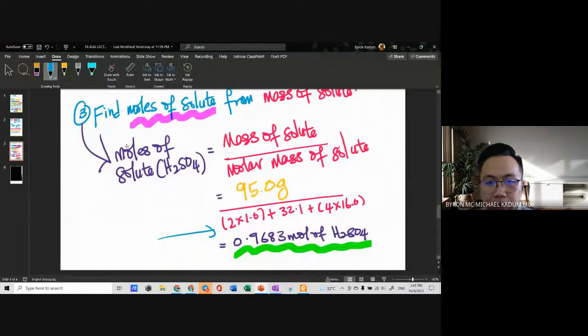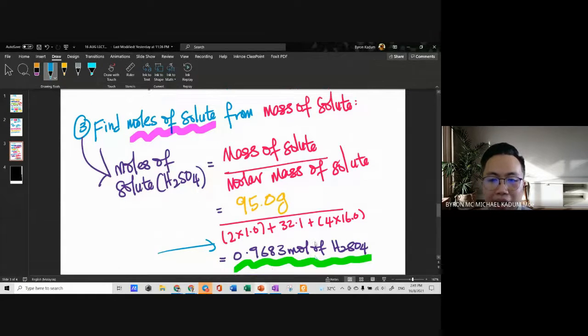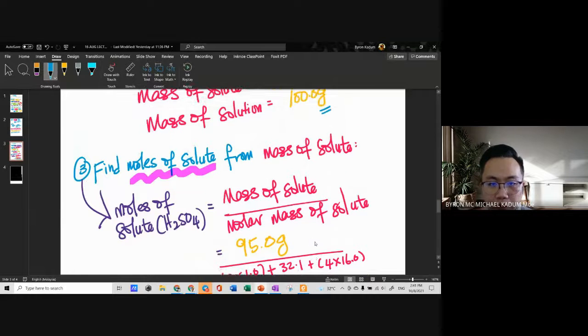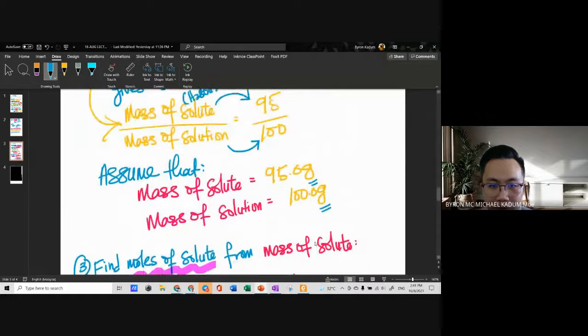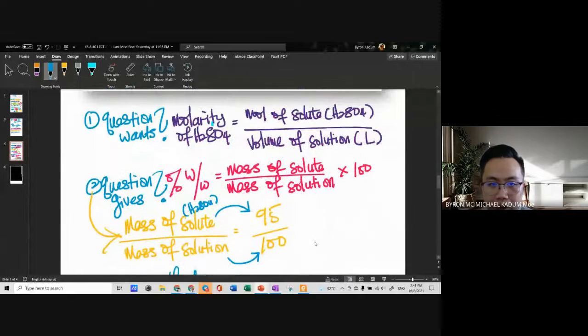So when you work out the moles of solute, we have 0.9683 mole of H2SO4. We have got the mole already. If you go back to what the question wants, you need the mole of solute. If you want to find the molarity, you need the mole of solute over the volume of solution.